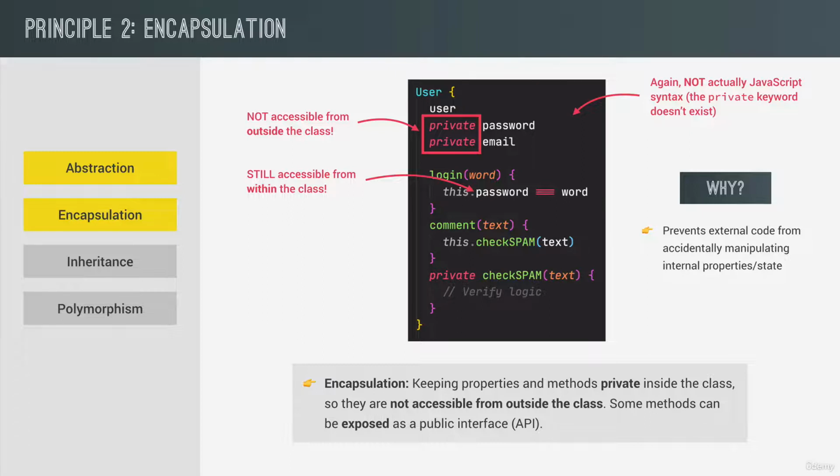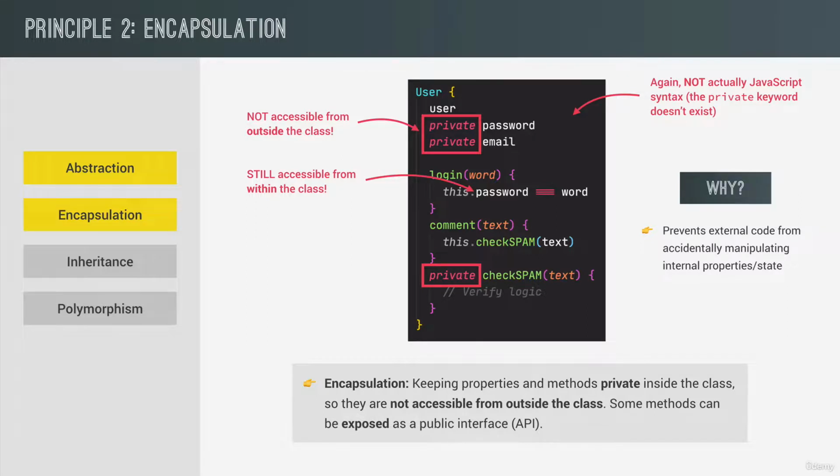Okay? Anyway, this is really important because allowing external code to manipulate internal state directly can cause many kinds of bugs, especially in large code bases and developer teams. Now, as you see, there's also a private method here, the check spam method.